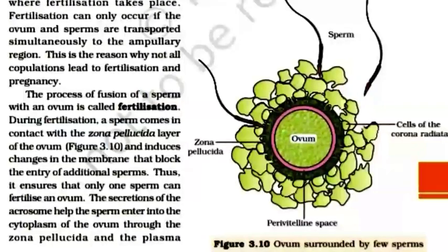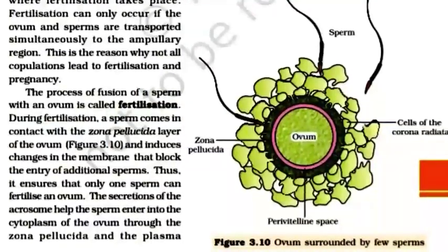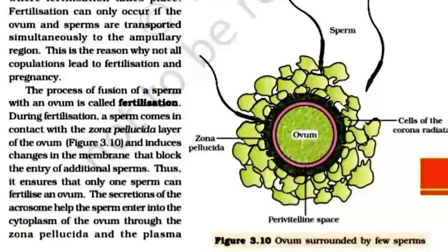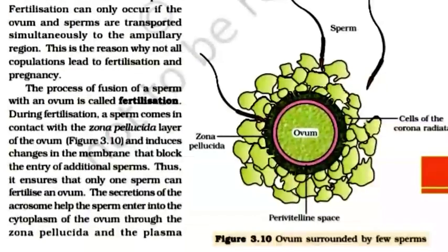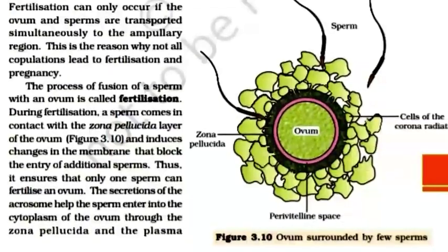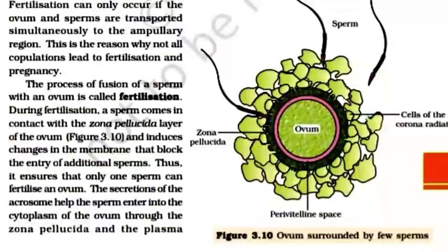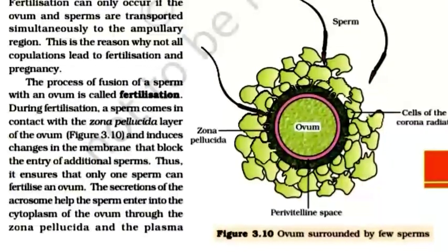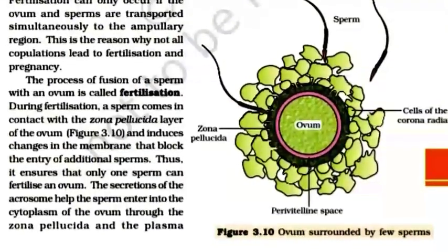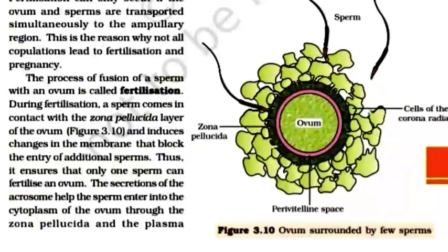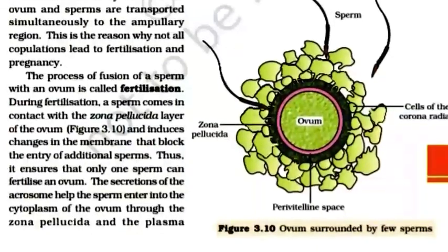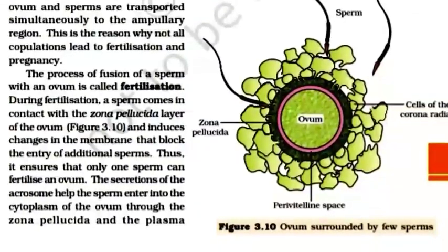The process of fusion of a sperm with an ovum is called fertilization. During fertilization, a sperm comes in contact with the zona pellucida layer over the ovum and induces changes in the membrane that block the entry of additional sperm.